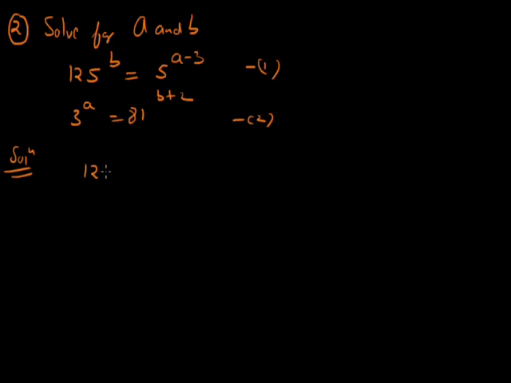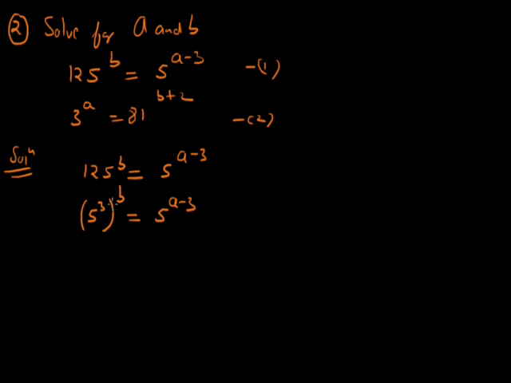Now I take the first equation, that is 125 raised to the power b is equal to 5 raised to the power a minus 3. 125 can be written as 5 raised to the power 3. We know that 5 cube is 125. The power of 125 is b, so I put 5 cubed raised to the power b is equal to 5 raised to the power a minus 3.